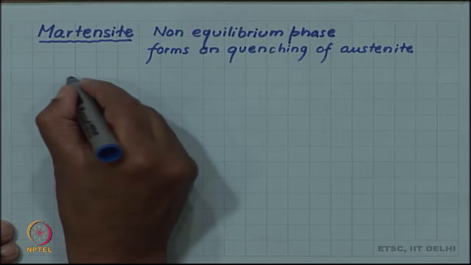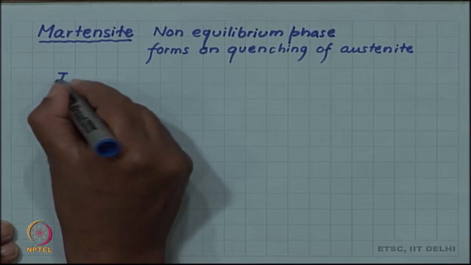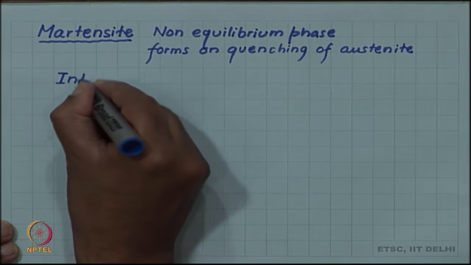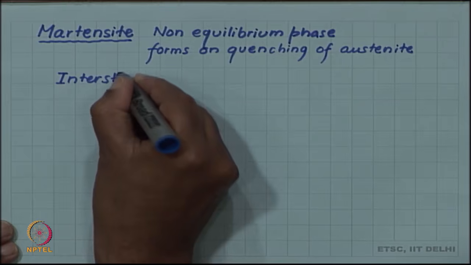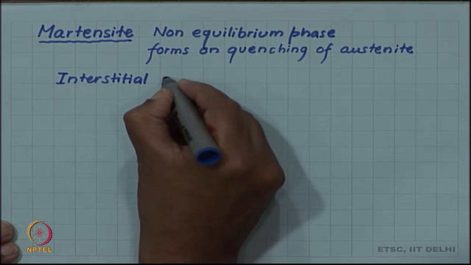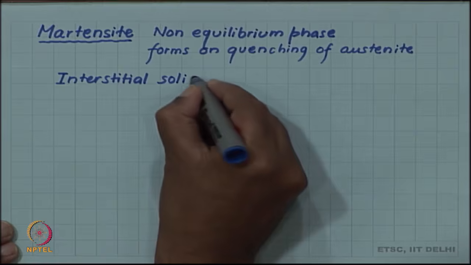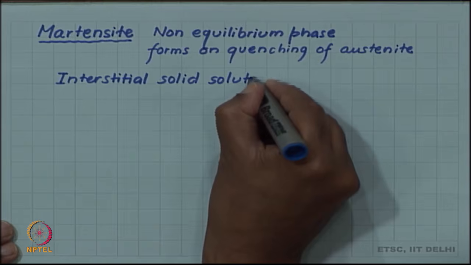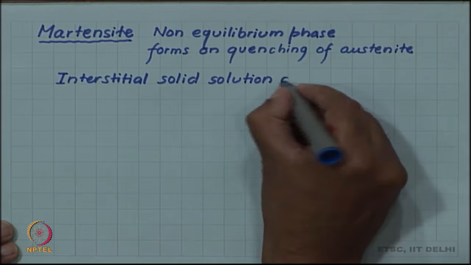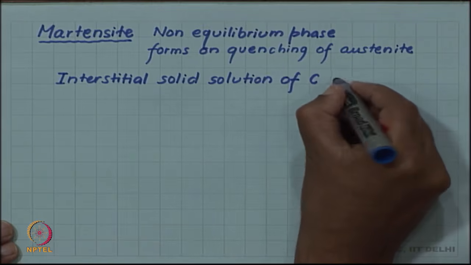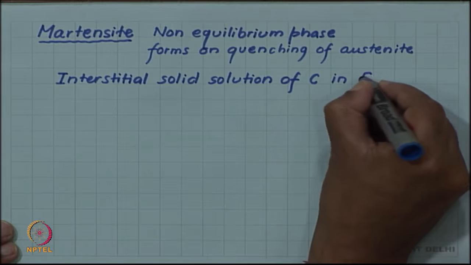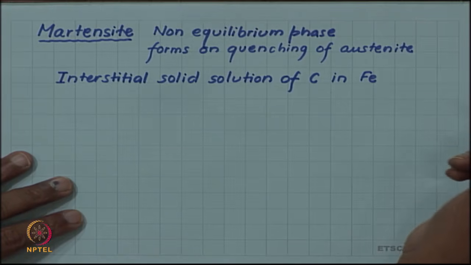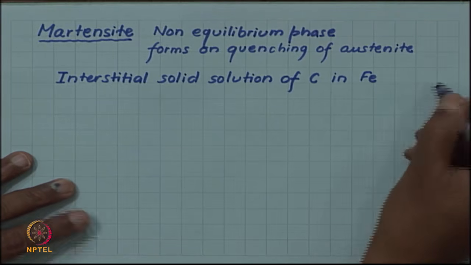We can define martensite as an interstitial solid solution of carbon in iron. So, this is same as austenite or ferrite, only the crystal structure now is different.